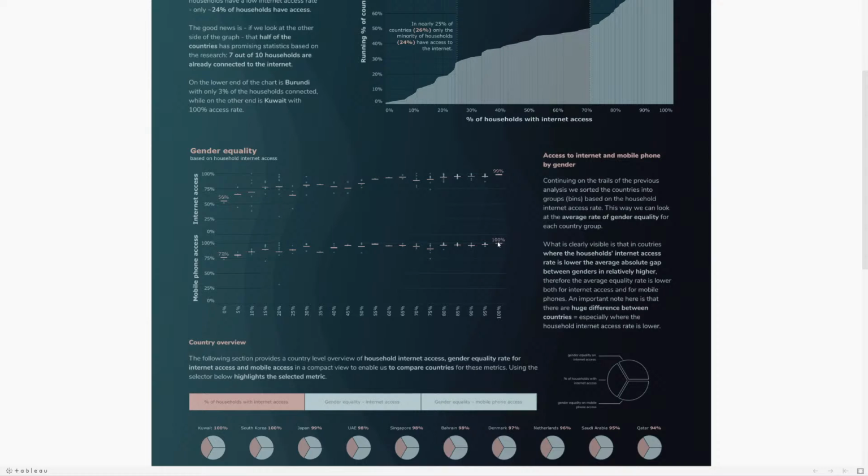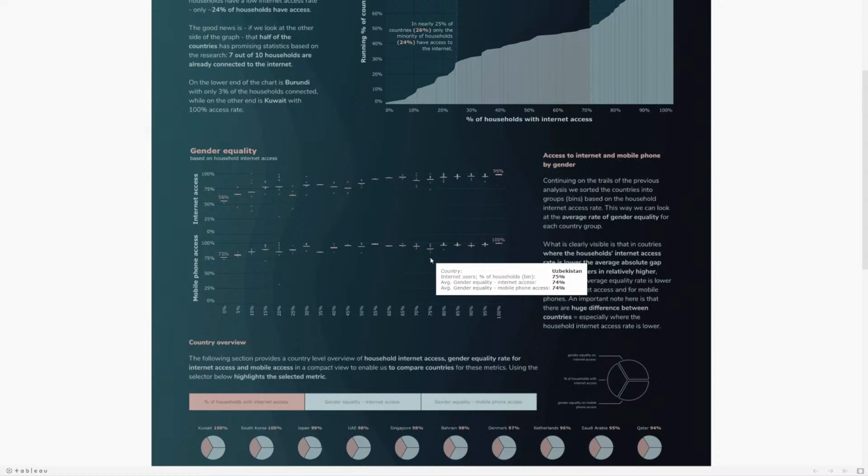Okay, so the tooltips need a bit of work. I don't understand. I think every dot is a country. Oh, country is Uzbekistan.